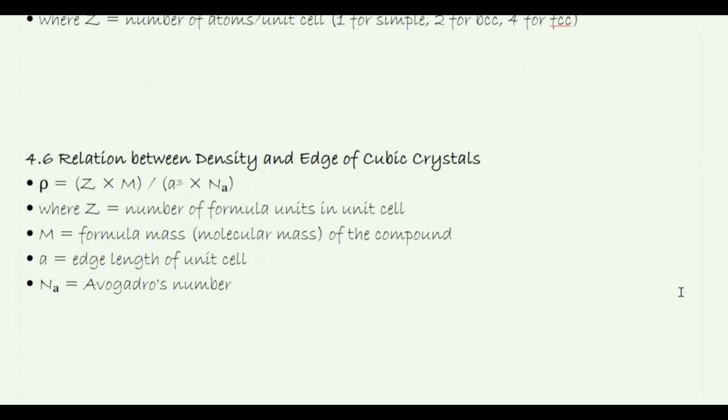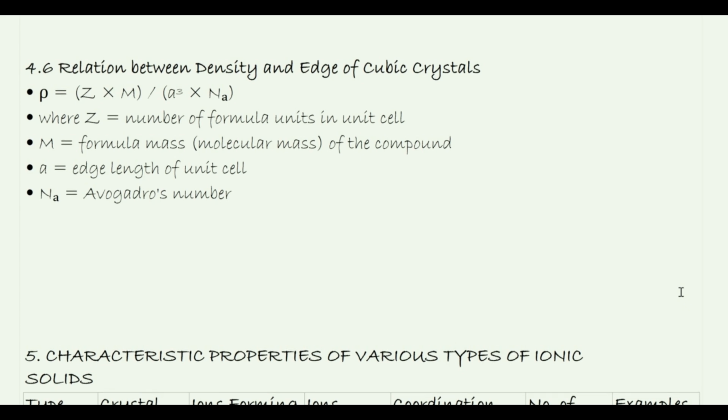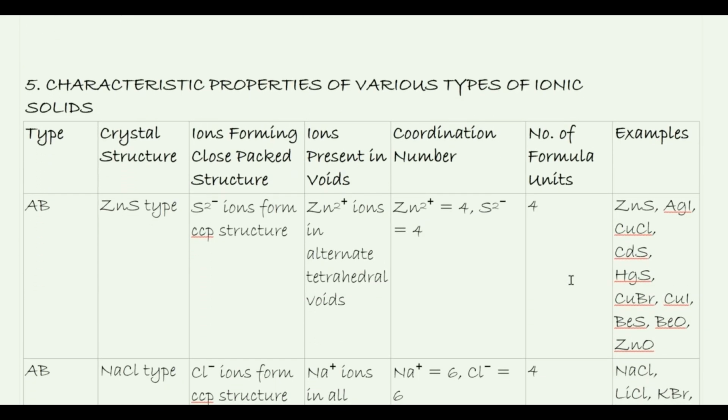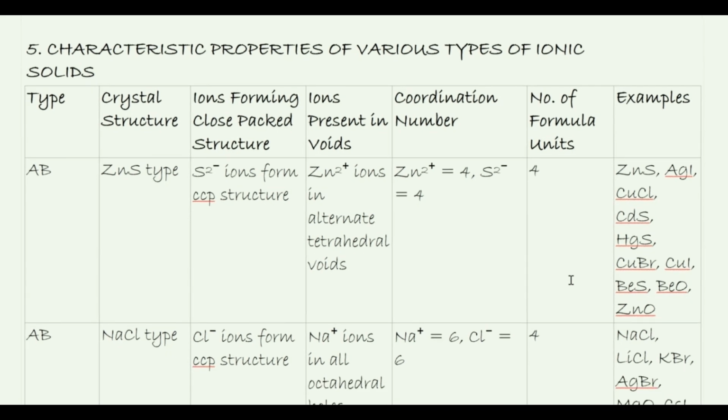Note down these formulas, which are very, very important. And the relation between density and the edge of the cubic crystals: density rho is equal to Z into M divided by a cube into NA. NA refers to Avogadro's number. What is the Avogadro number? 6.023 into 10 to the power 23.